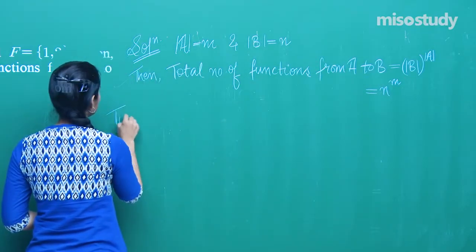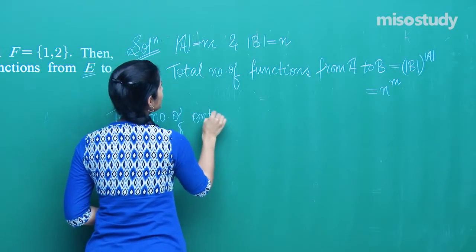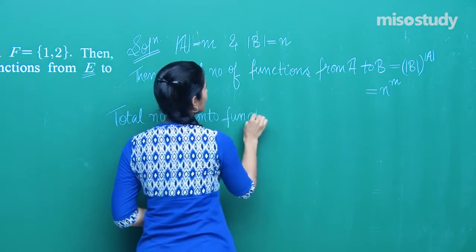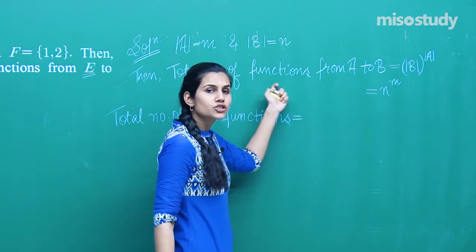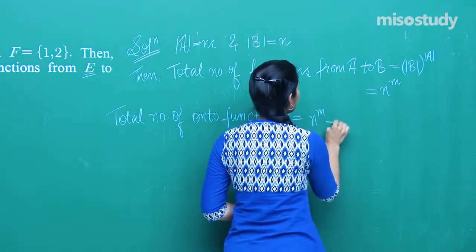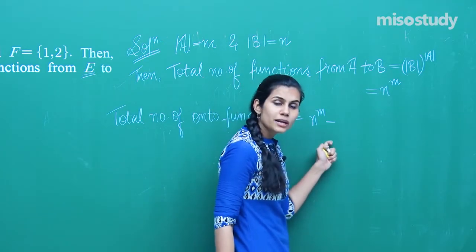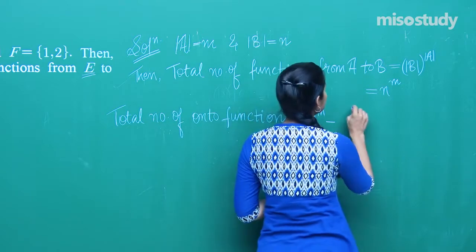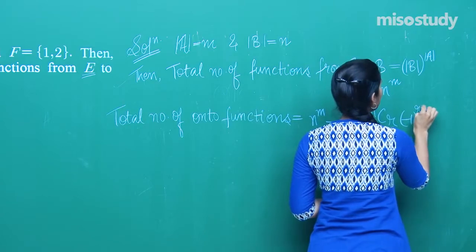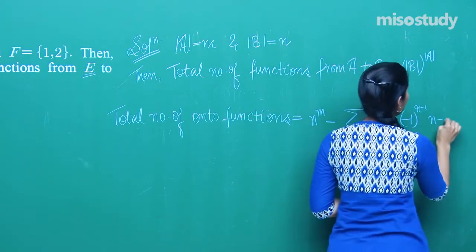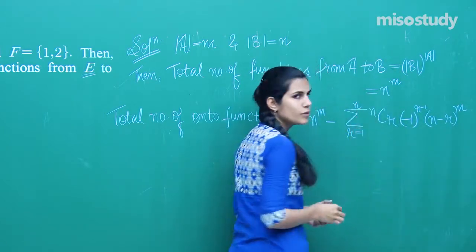And the total number of onto functions was nothing but the total number of functions, which is n to the power m, minus the total number of into functions. What is the formula for the total number of into functions? Well, it is summation nCr (-1)^(r-1) (n-r)^m, where r varies from 1 to n.